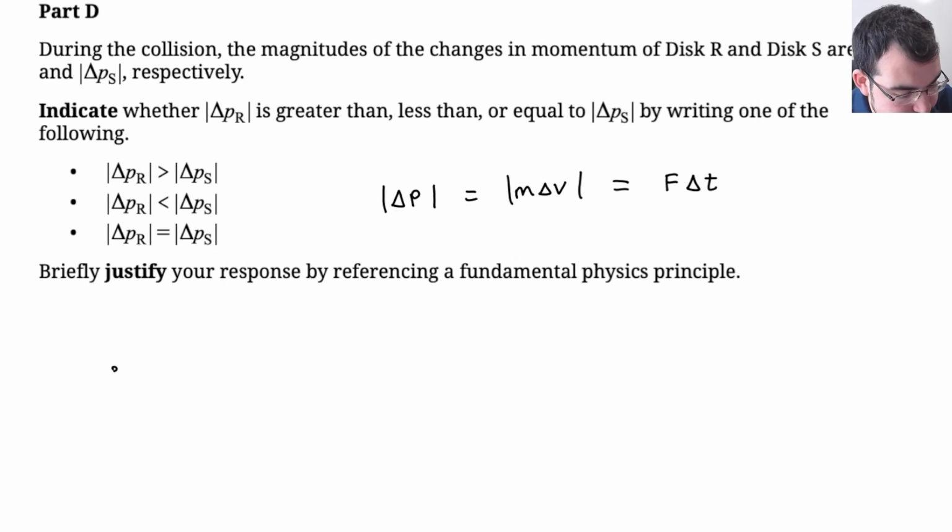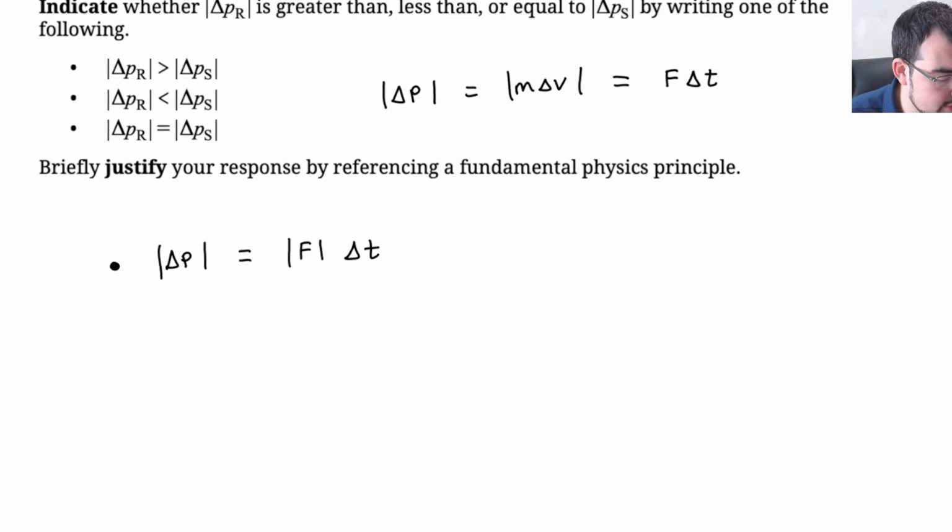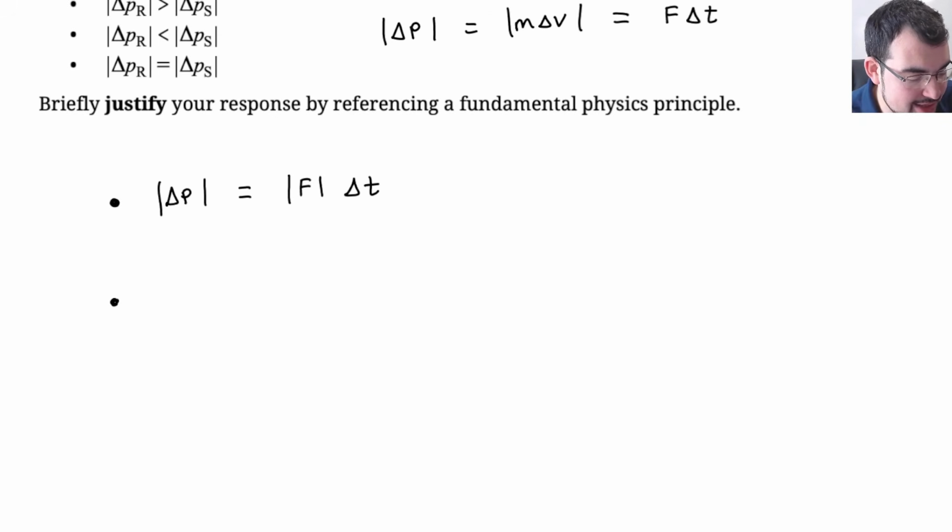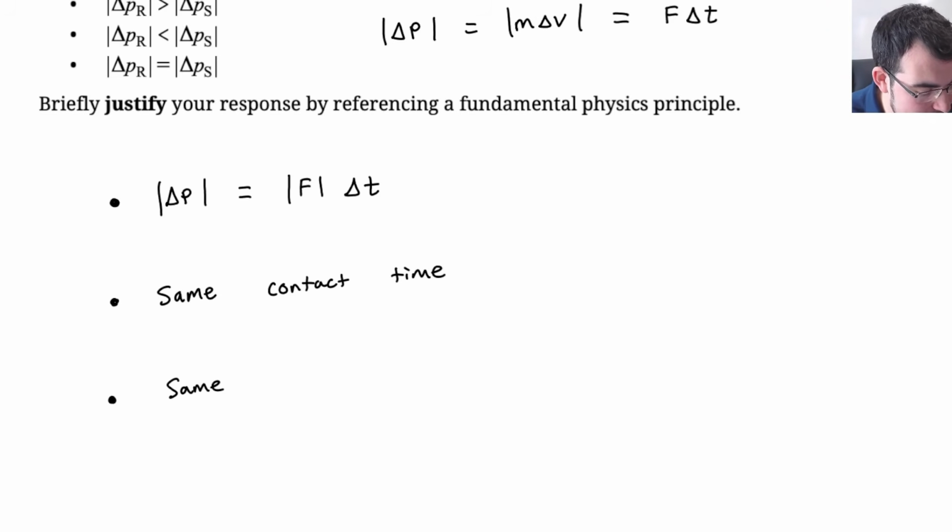So we know that delta P equals F times delta T. The contact time between the disks is the same because they're in contact with each other. That's just kind of by definition of being in contact. And then we have the same F by Newton's third law.